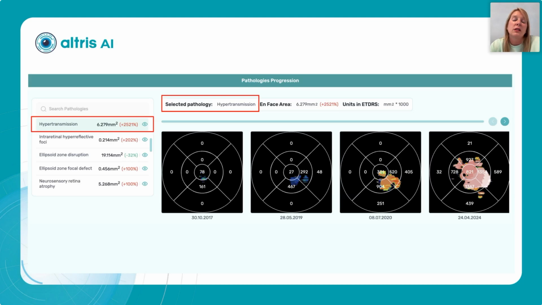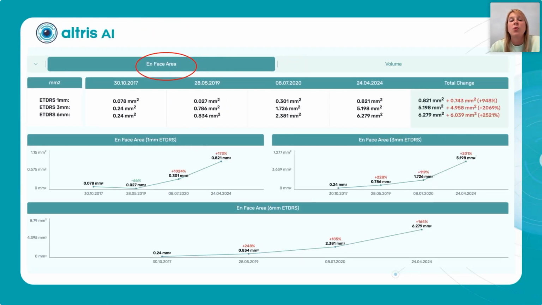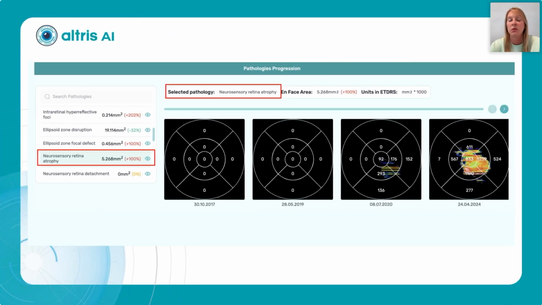And then you can see that this area has increased in 2020, and then we can see a pretty big area in 2024. When we asked AI to calculate the area of hypertransmission, we can see how it increased in 1 millimeter zone, in 3 millimeter zone, and also in 6 millimeter zone, which tells us that there is a progression to geographic atrophy.